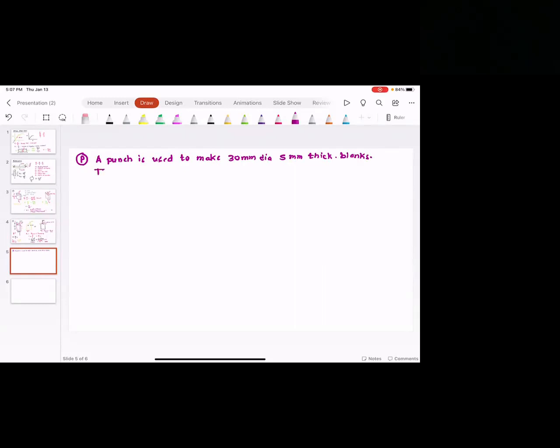The shear stress of blank material is 100 Newton per millimeter square. Find the punching force.